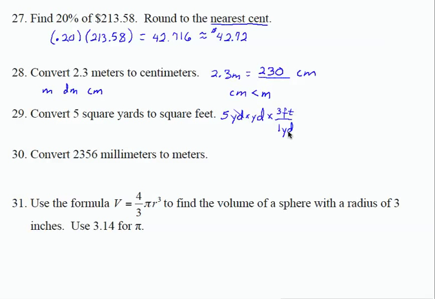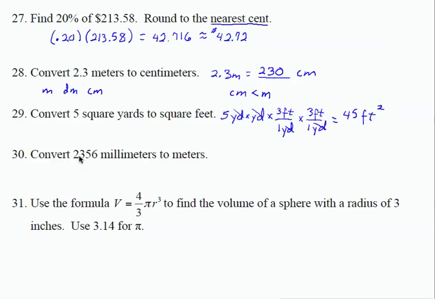So that's going to cancel the first unit of yards, times 3 feet per 1 yard, that's going to cancel the second unit of yards. That means I have 5 times 3, which is 15, times 3, which is 45 square feet, because I have feet times feet. So 5 square yards then is equal to 45 square feet.